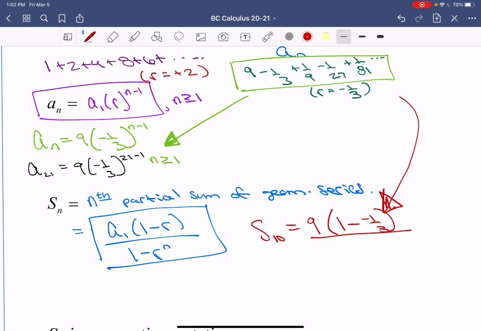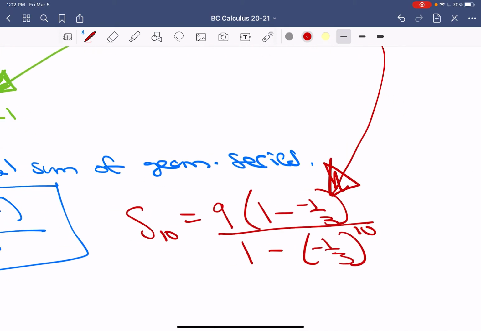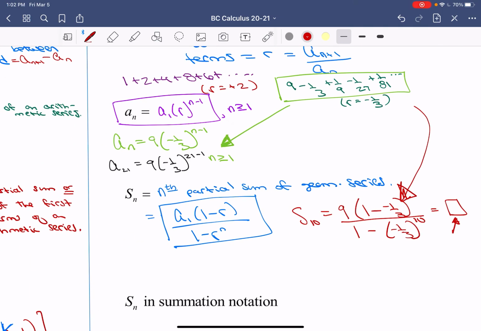Now again, you can use your calculator here. I'm not going to because this is kind of an ugly, gross number. But at the end of the day, this is going to equal some number, and that number is the sum of the first 10 terms, okay?